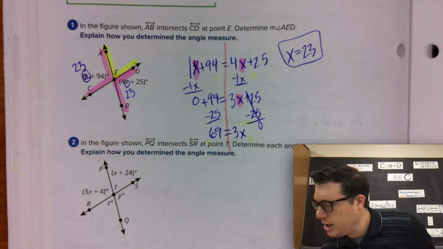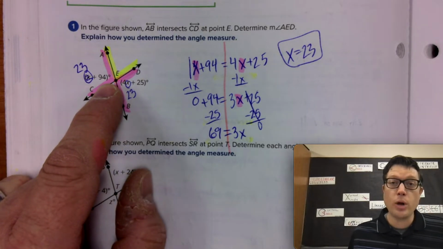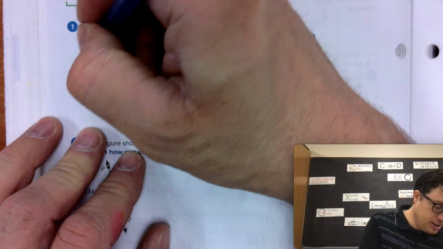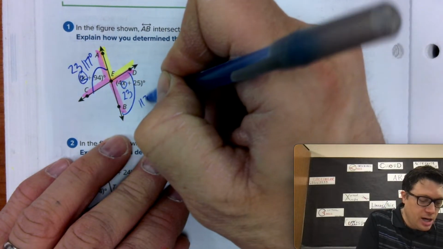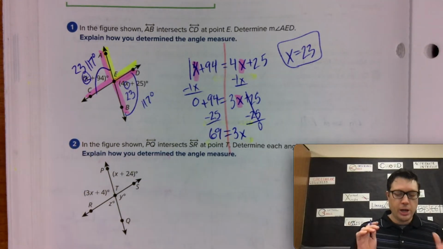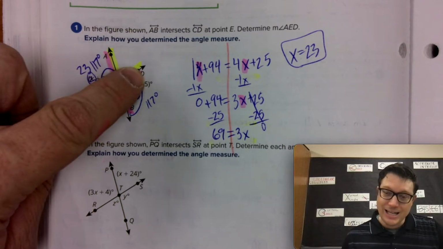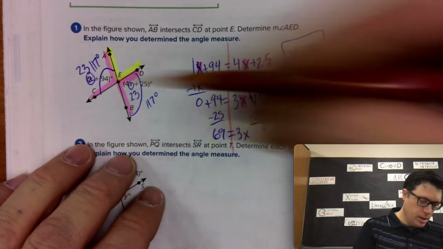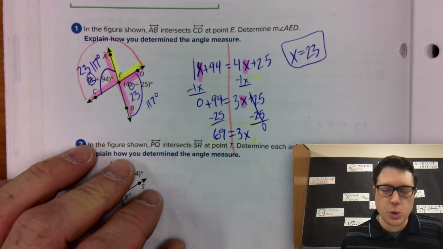Now solving it, plugging it in, 23 plus 94 makes 117. This is a 117 degree angle. You know what? So is the other side because they're vertical angles. Now, in order to figure out what angle AED is, this whole pair of angles forms a line, which means it adds to 180.